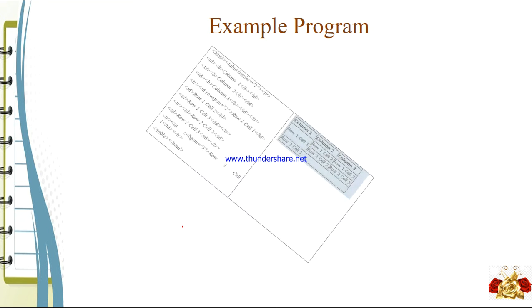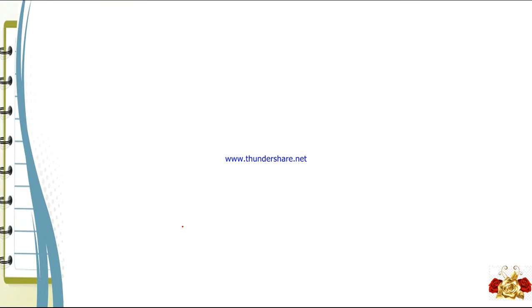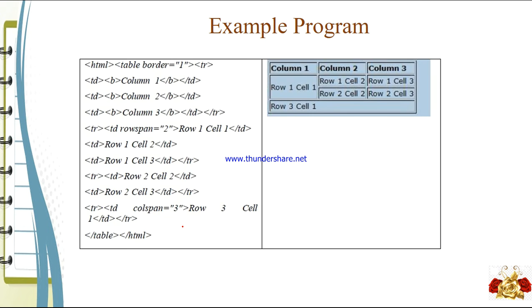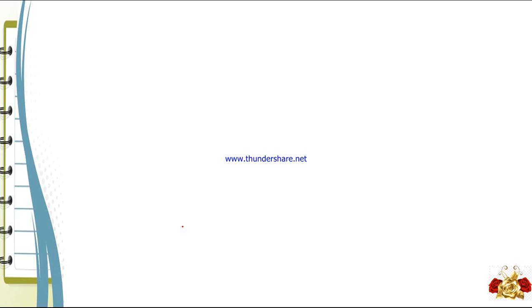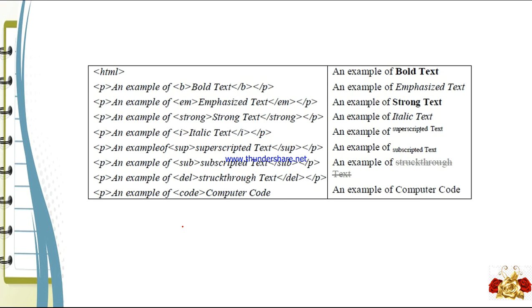Then an example program. Here is how to use some of the tags. For B, specify bold text; some message is an example of the message.